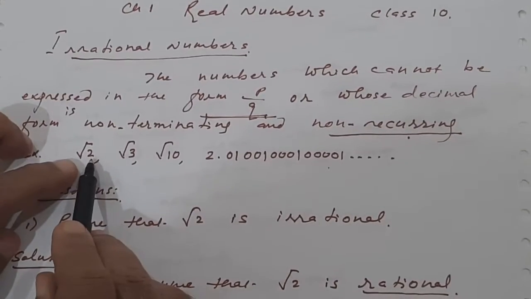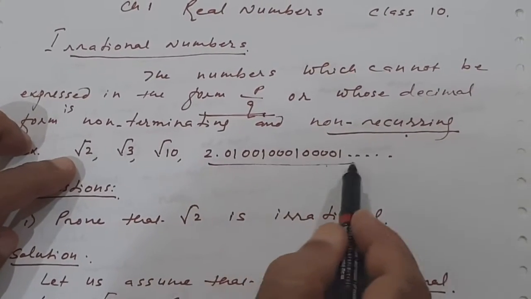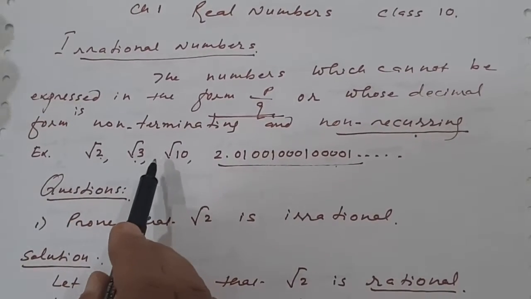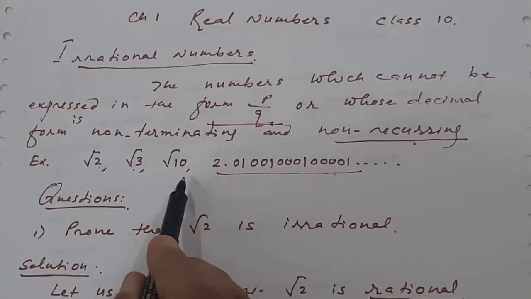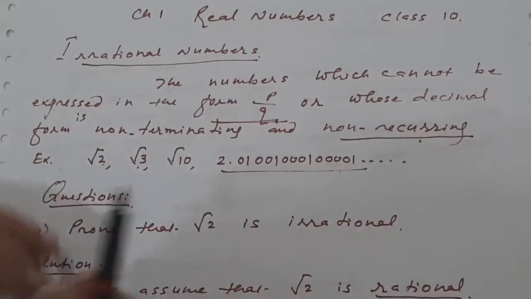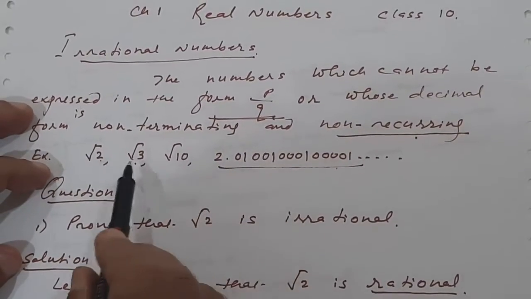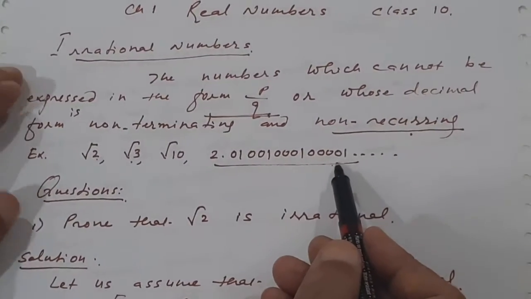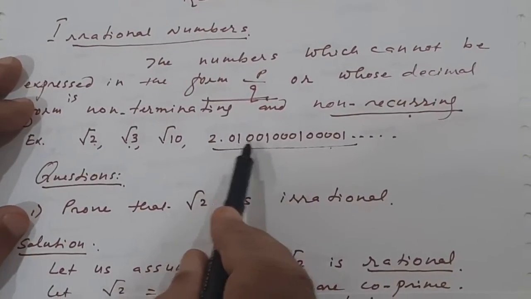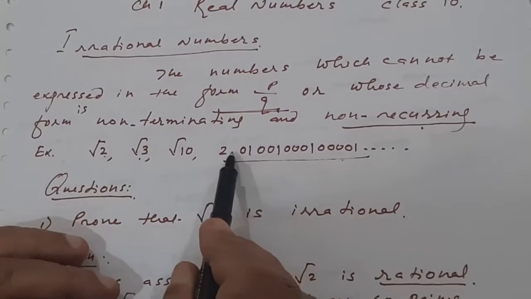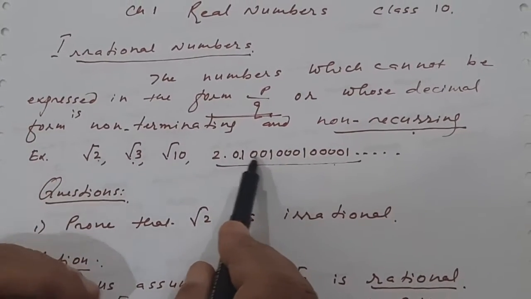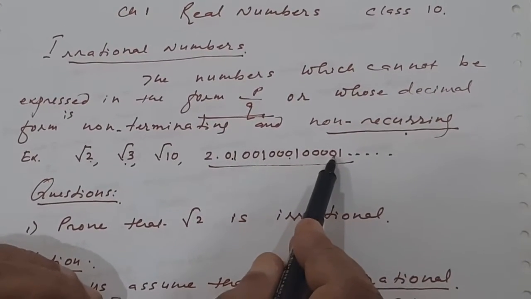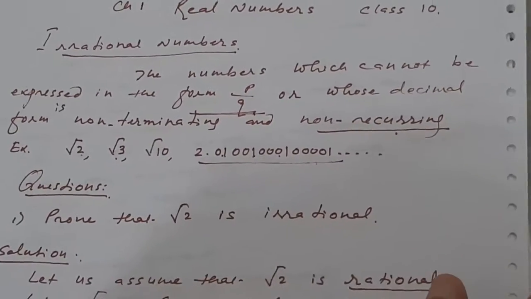Root 2, root 3, root 5, root 7, root 10, root 11, root 13, root 15, and all these kinds of numbers are called irrational numbers. And this is an example of decimal form: 2.01, then increase 1 0 1, again 1 0 1, again 1 0 1. Like that you can write.